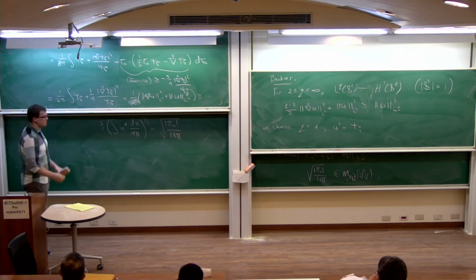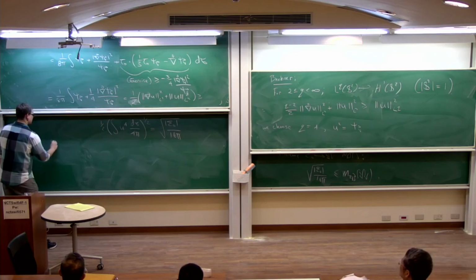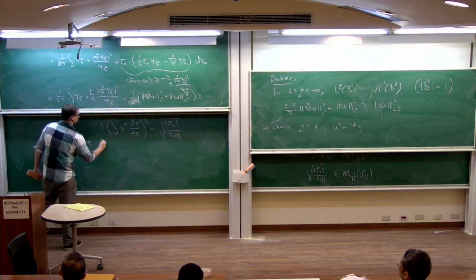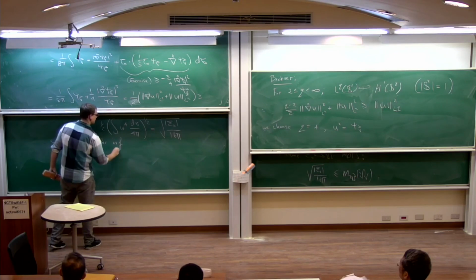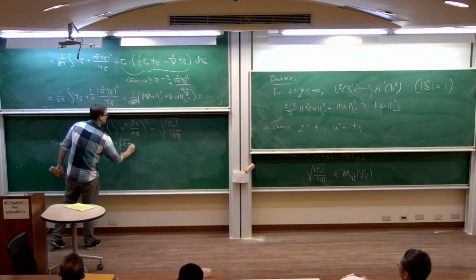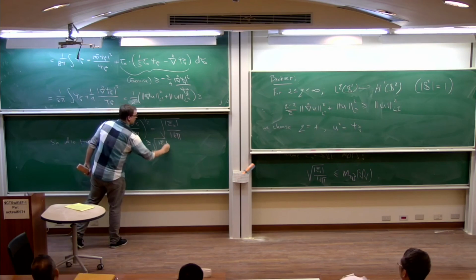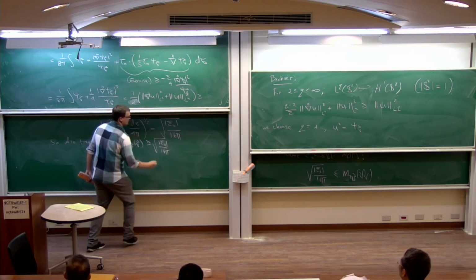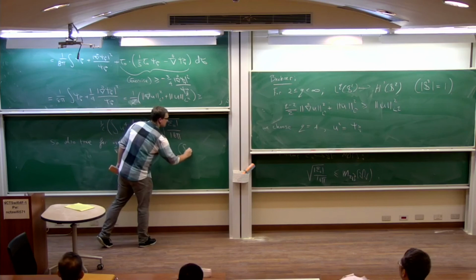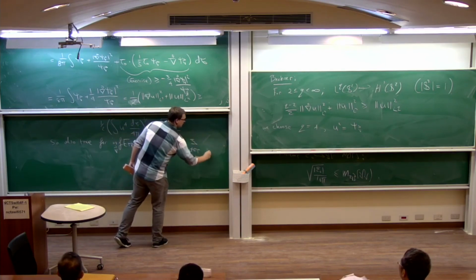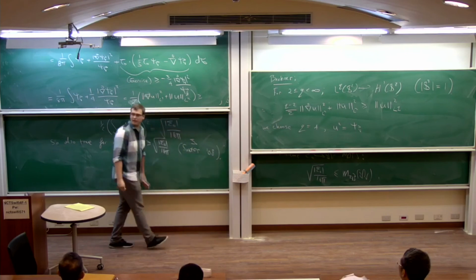And there's no dependence on v on the left, so also true for the infimum over v. And that's what we wanted to prove. And this is a theorem due to Johannes Sauter in 2008.